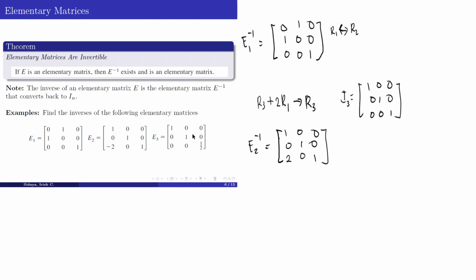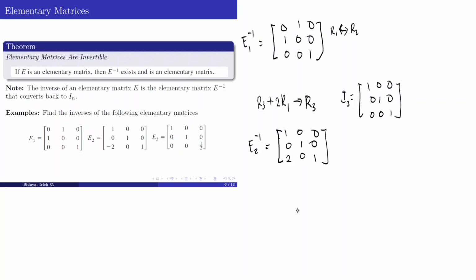Next we have E sub 3. Given this matrix, E3 can be obtained by multiplying row 3 of the 3 by 3 identity matrix by 1/2. So to convert this back to the identity matrix, we need to multiply row 3 by 2.